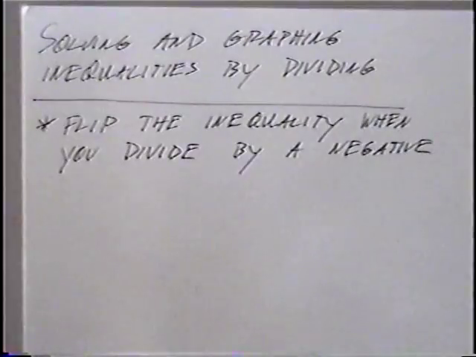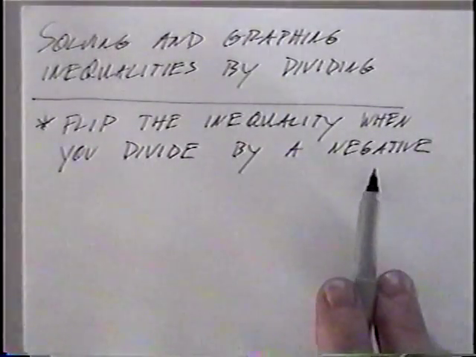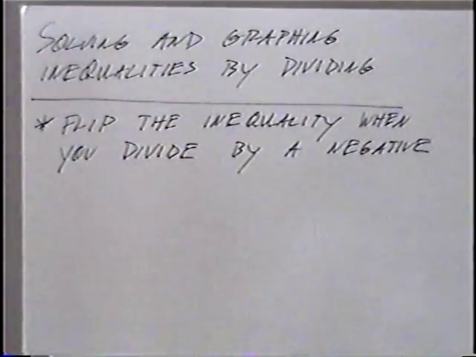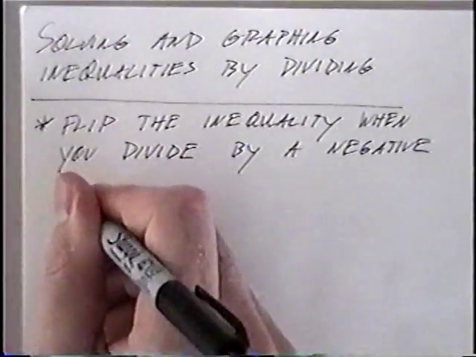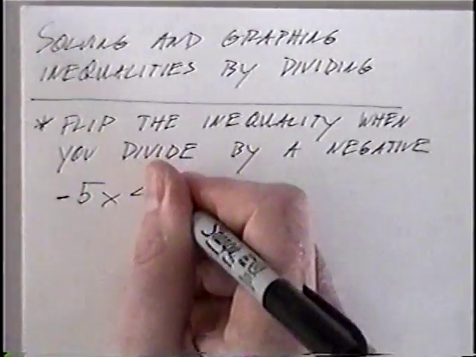So when you're dividing an inequality, if you divide by a negative number, we will flip the inequality or turn the inequality around backwards. First question is negative 5x less than 10.